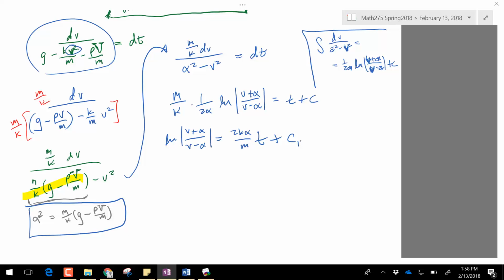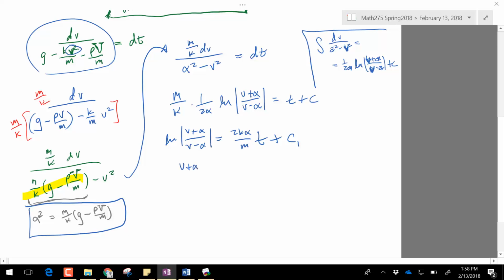So we have to try to solve for v. So we have e to this thing.